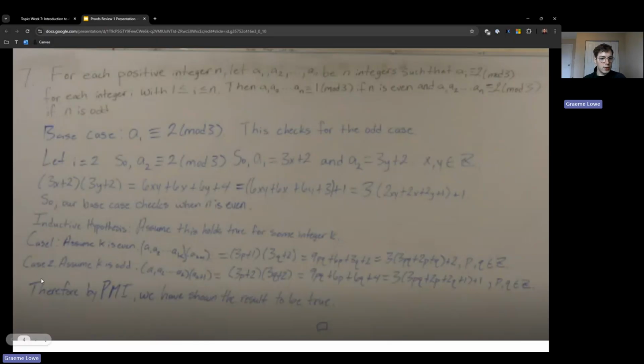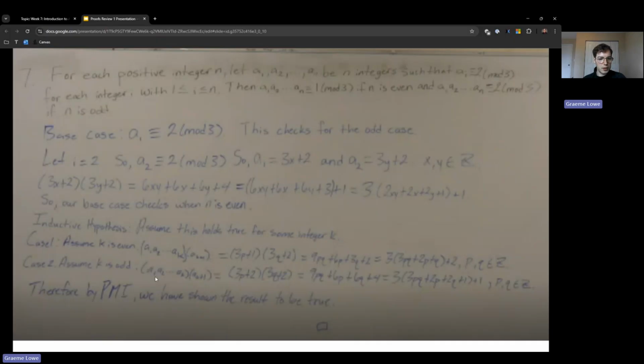And then case 2 is assuming k is odd, which would then imply that k plus 1 is even. We'll see, does k plus 1 hold if we assume that k is odd?